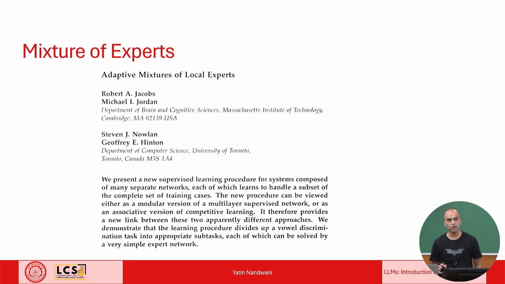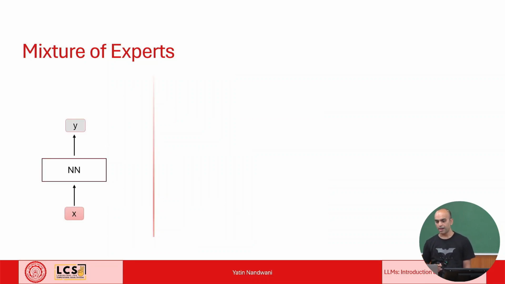This concept of mixture of experts is not new. It was introduced in 1991 by Geoff Hinton's group. Let's first look at the idea of mixture of experts as a model. Typically, you have a neural network or any model, which we'll call an expert in this lecture.